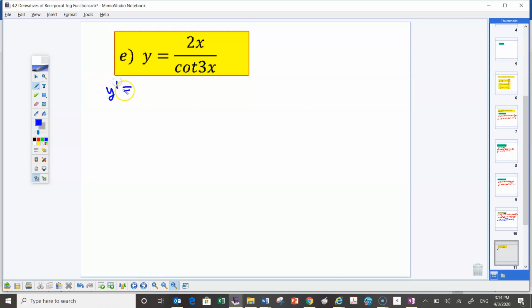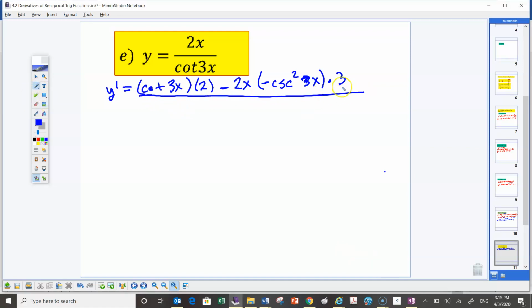So again, y prime is cotan 3x, the bottom, times the derivative of the top, minus the top, and again, the derivative of cotangent is negative cosecant squared 3x times the derivative of 3x, which is 3, and then we have to divide that all by the denominator squared, which is cotangent squared 3x.